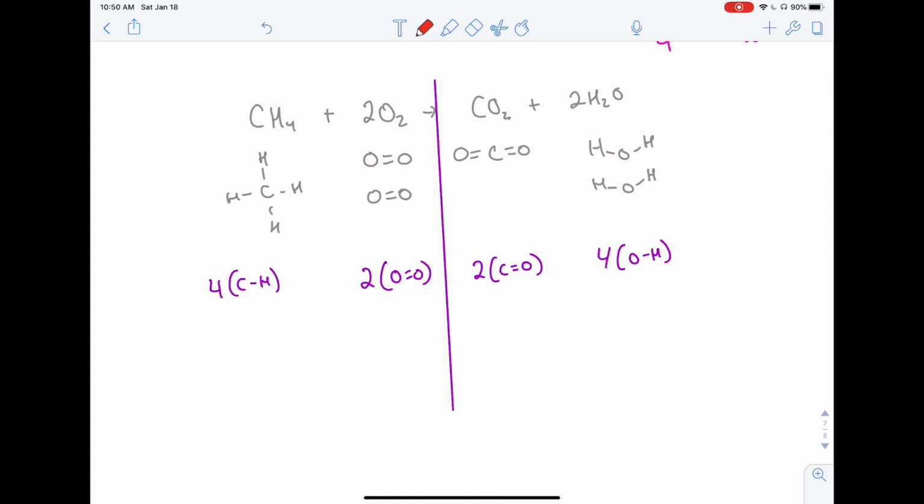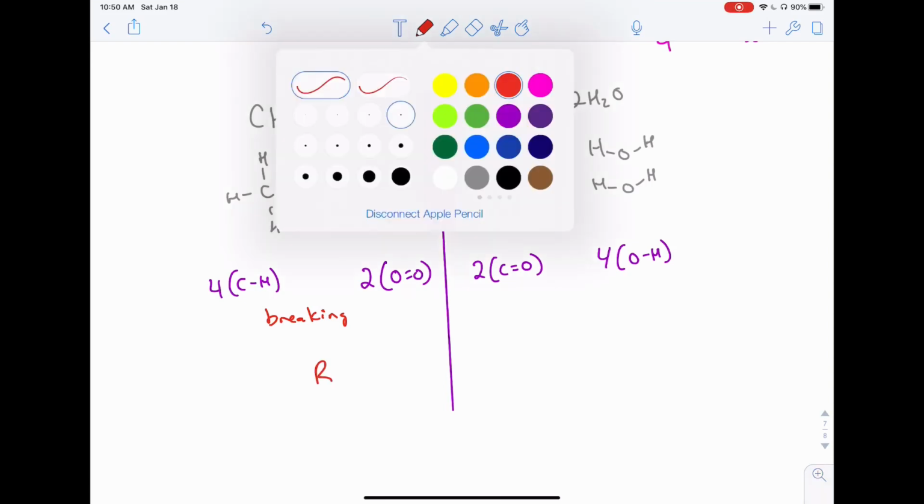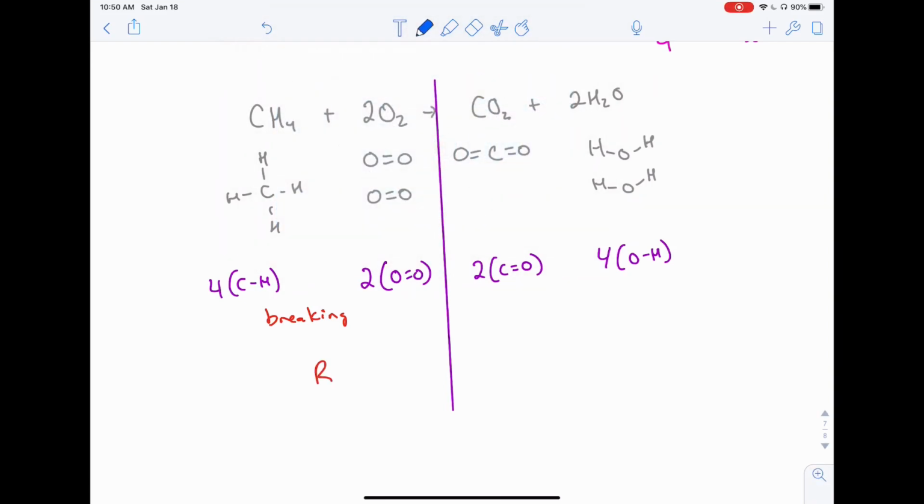The left side. So if you're breaking bonds here, then the value you look up in your data packet will be correct for that side. And when you make bonds, the value is reversed. So the sign of the delta, the bond enthalpy will be negative of that. So guess what? That's why it's reactants minus products.